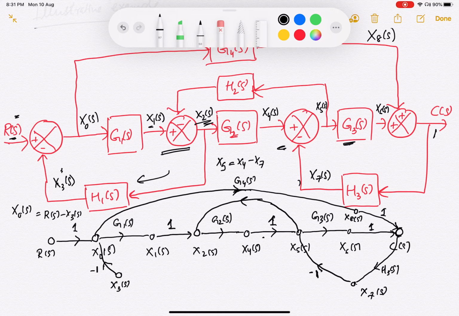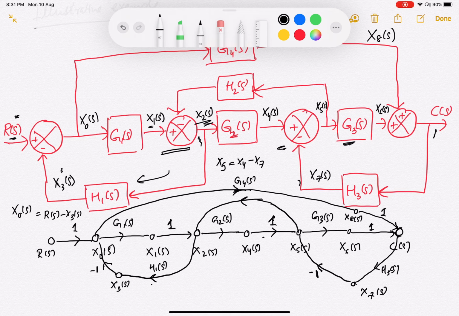So CS into H3S gives you X7S, which is here. In a similar way, you are picking up X2 from here and you are multiplying it with H1S to give you X3S. So this is H1S.